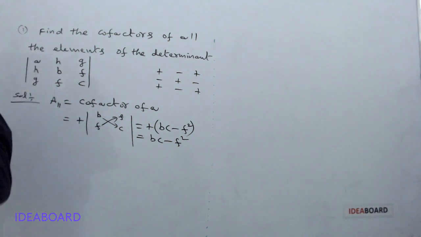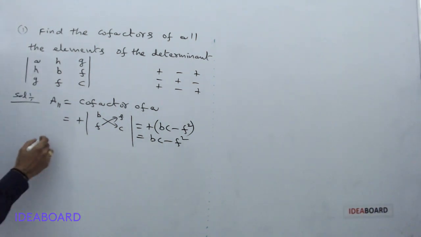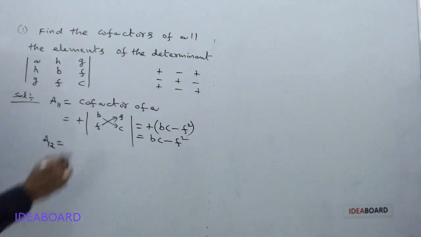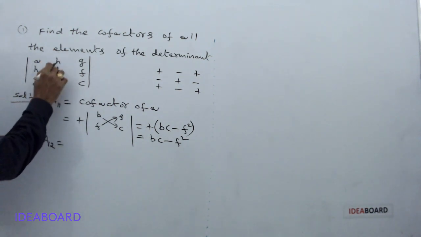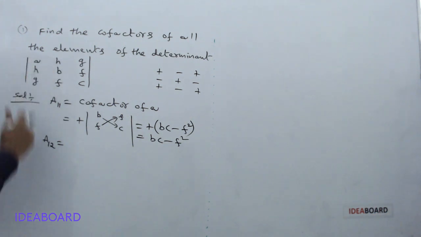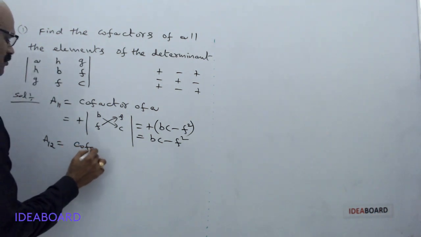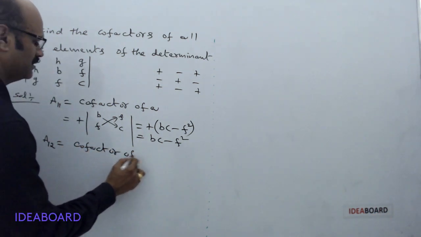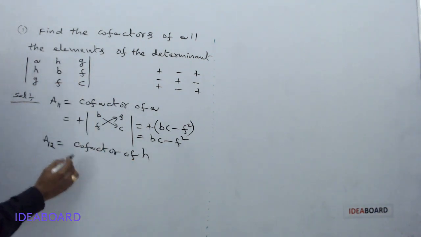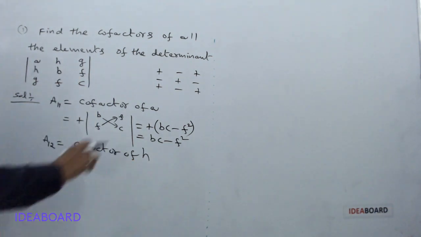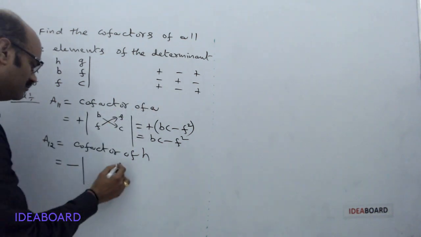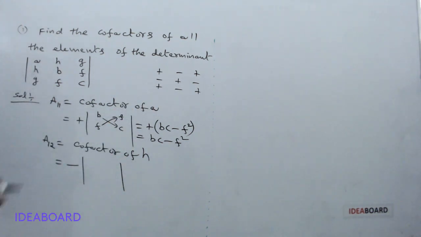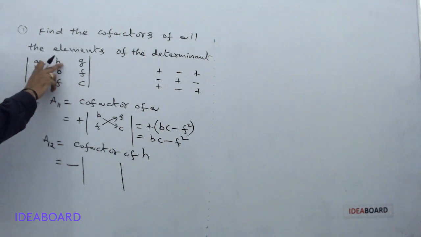Now A12 equal to, the element which lies in first row and second column is H here. So cofactor of H. Cofactor of H equal to, here we have minus, so we have to take minus into minor of H. The minor of this element we should find.